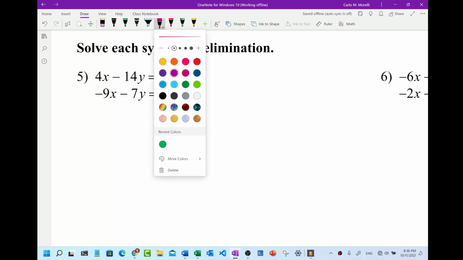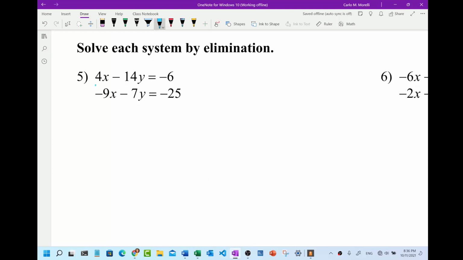And most people can quickly see that if I multiply the bottom number by, let's try to do this in such a way that we can just add the columns, right? So I would love for this right here to become a positive 14. Now how would I do that? Well, I'd multiply everything by negative 2. Okay, so if I do that and I distribute that here, and all the way over here, okay, look what I'm going to get.